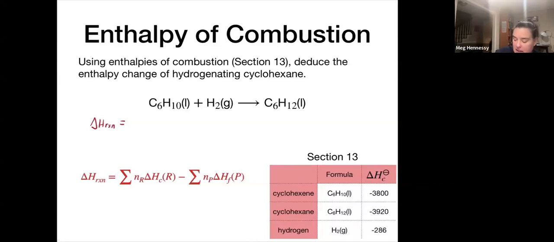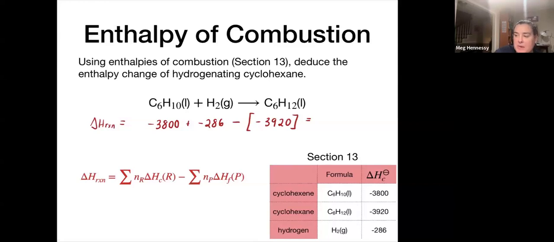So looking in my table, this is just cut from section 13. I'm going to take the delta H of combustion of cyclohexene, C6H10. I am going to add the delta H of combustion of H2, that's minus 286. And I am going to subtract the delta H of combustion of the product, cyclohexane, that's minus 3920. And so again, anytime I'm directed to section 13, I know already how to solve the problem.